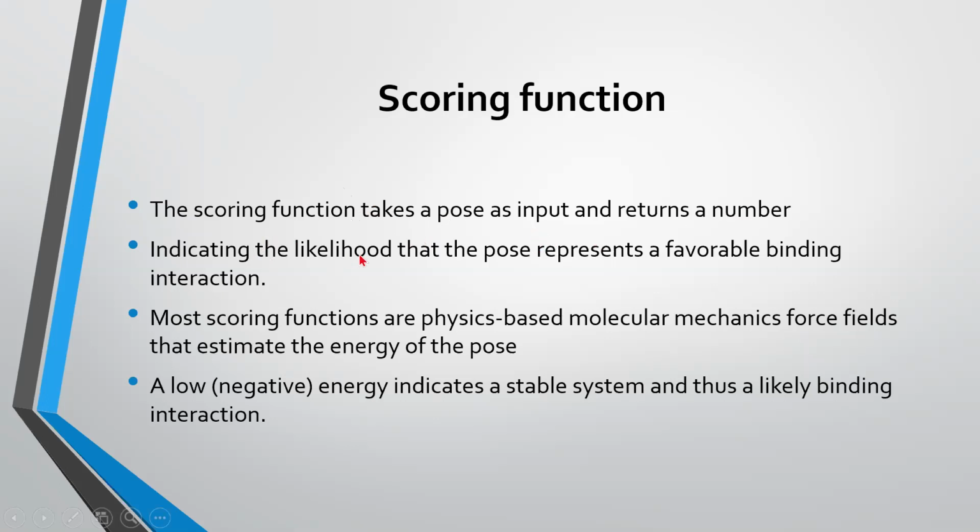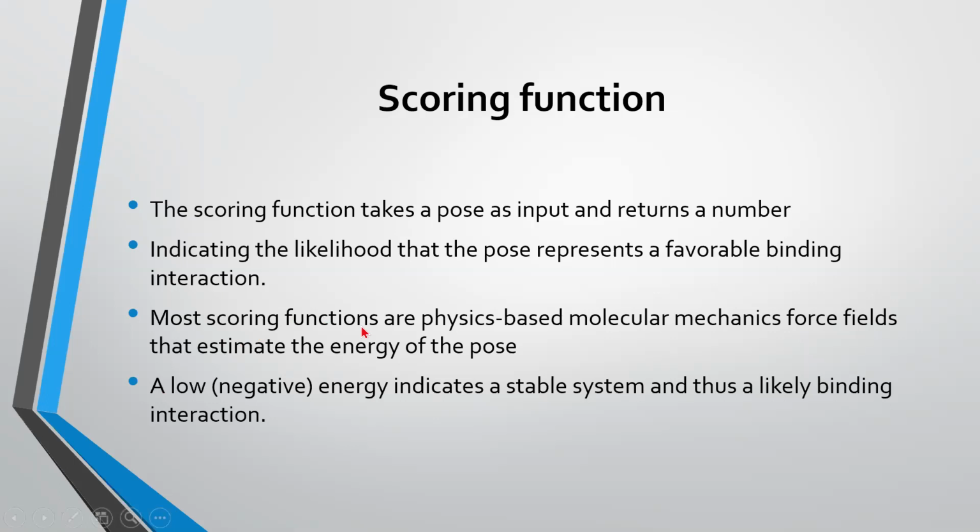That number indicates the likelihood that the pose, that means that particular conformation, represents a favorable binding interaction. So the scoring function calculates that particular conformation and tells you whether it is a favorable interaction or not.